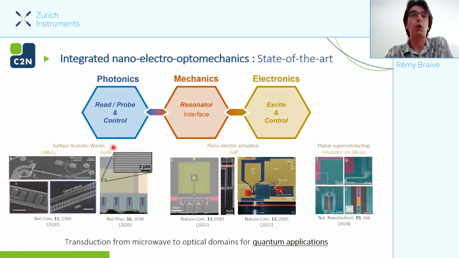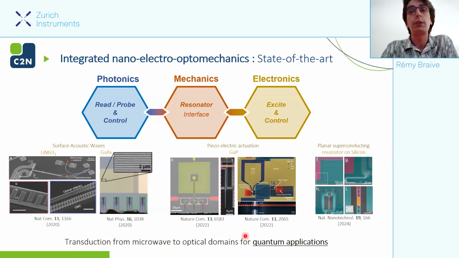There have been many different proposals on this, either using surface acoustic waves for the electronic part, or piezoelectric actuation, or even planar superconducting resonators on silicon. But all these transitions from microwave to optical domain have been developed for quantum applications.